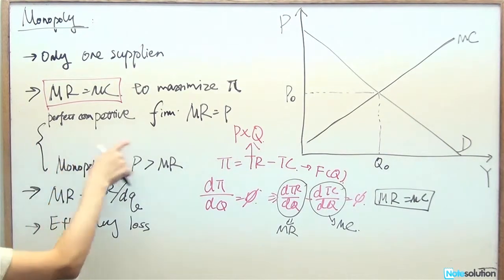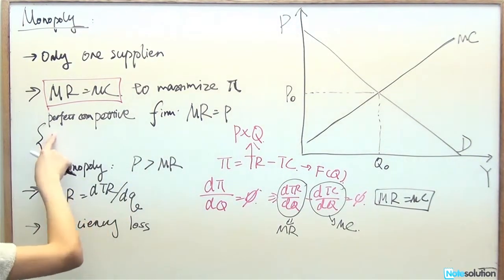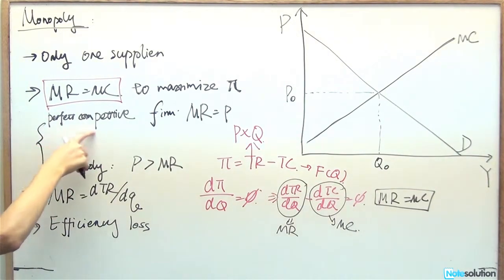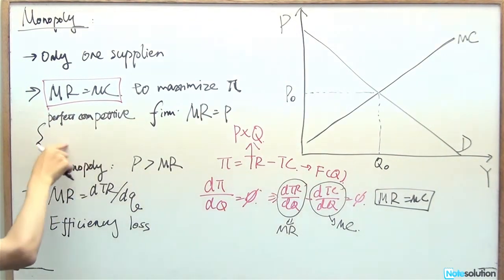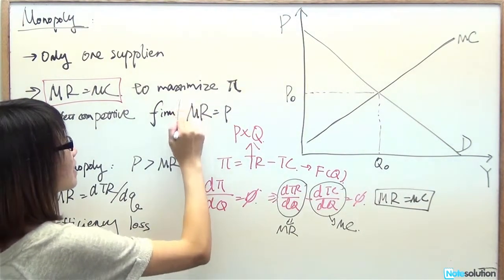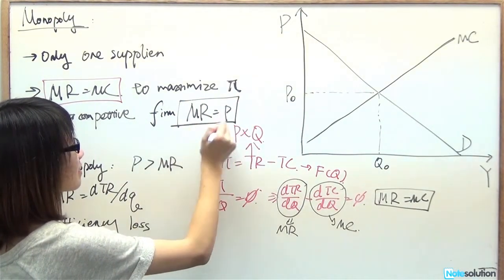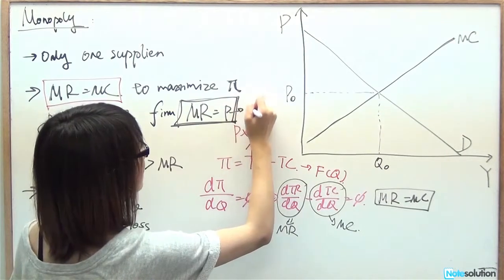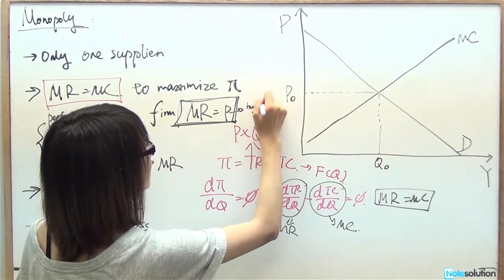Now let's look at the marginal revenue for both the perfect competitive market and the monopoly market. For the perfect competitive market, those small firms do not have any power to determine the price, so the marginal revenue is equal to price, and this price is determined by the demand curve.